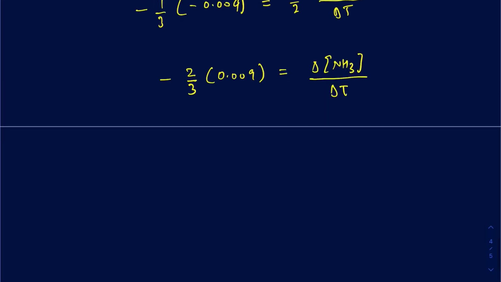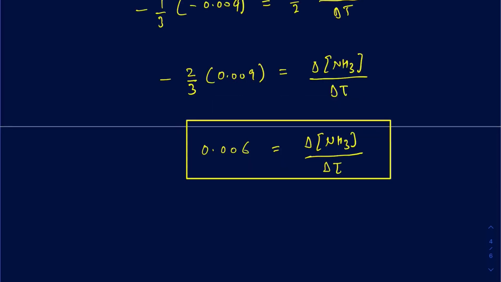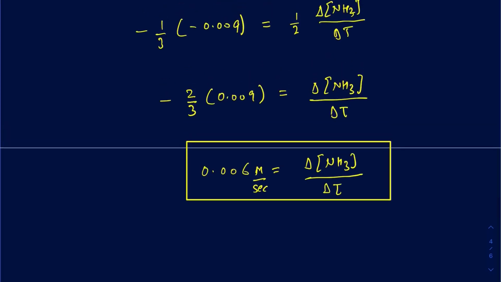What that's going to come out to be is 0.006. So that's going to be the rate of appearance of the NH3. The minus is going to cancel out, so you're going to get a positive at the end of the day. That's because you are making something, so you must have a positive appearance rate anyways.